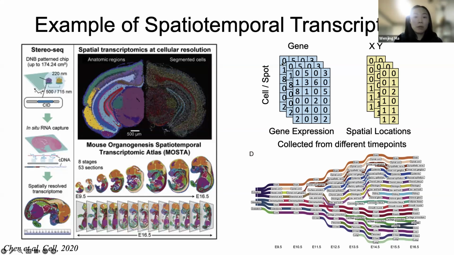This results in multiple count matrices: we will have multiple gene expression matrices and multiple spatial locations accordingly, and each slice or each matrix comes from a different time point.